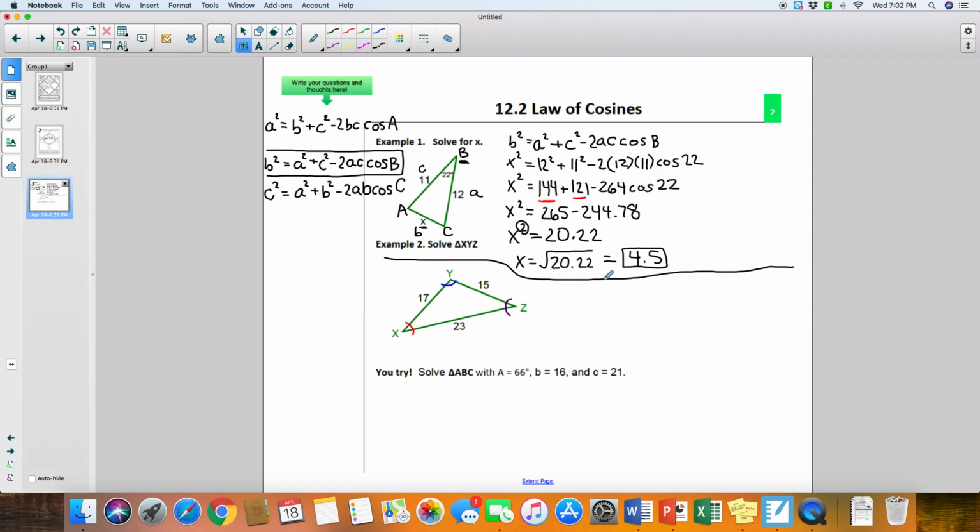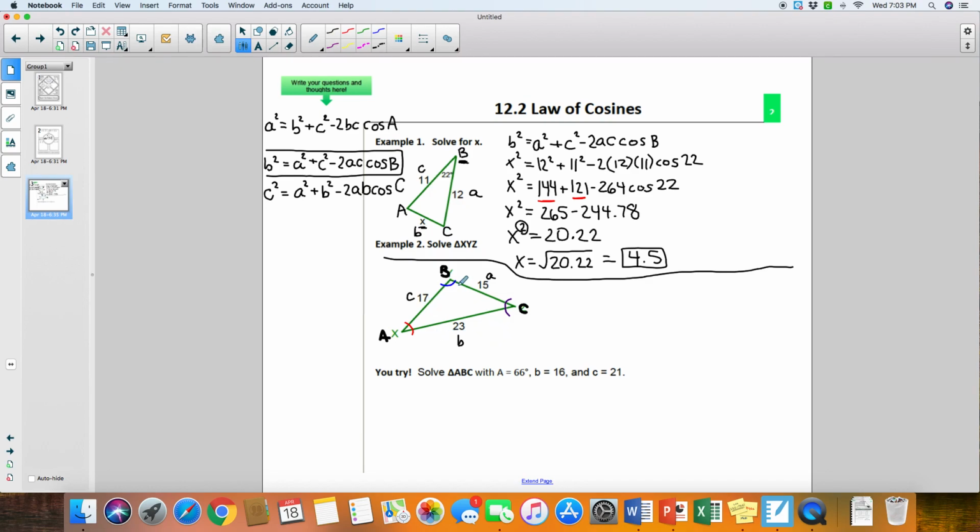So I am going to rename my letters just so they can match with my formula. In my formulas, I use A, B, and C. So instead of using X, Y, and Z, I'm going to change this to A, B, and C. That means 17 would be little c because it is opposite big C. 23 would be little b because it is opposite big B. And then 15 would be little a because it is opposite big A. So I have my angles and my side measurements.